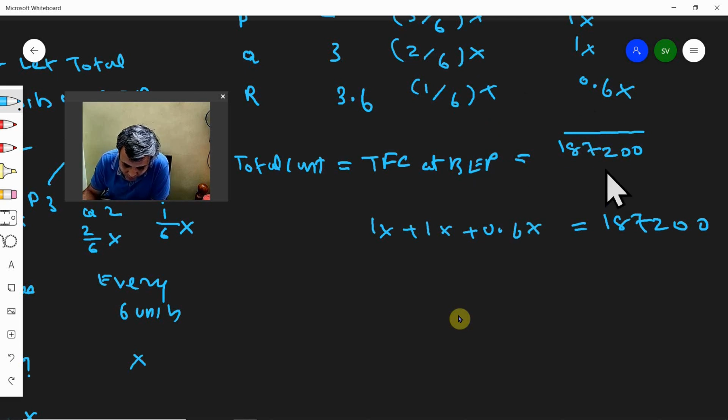We have multiplied and added, so let's solve it. 2.6x is equal to 1,87,200.